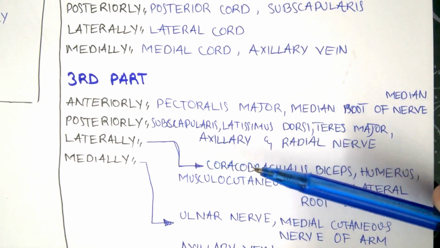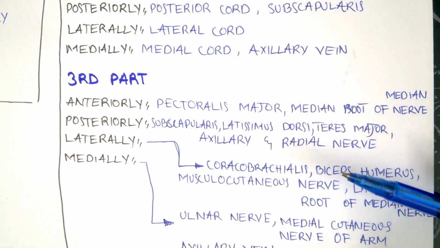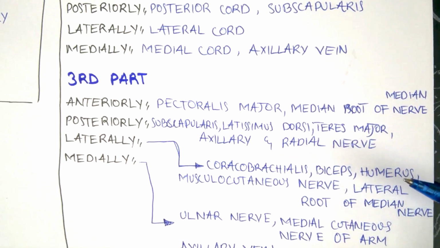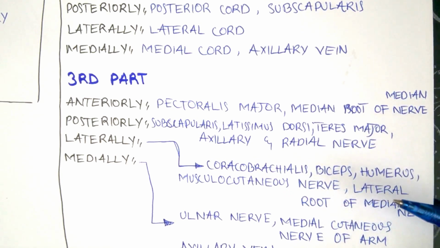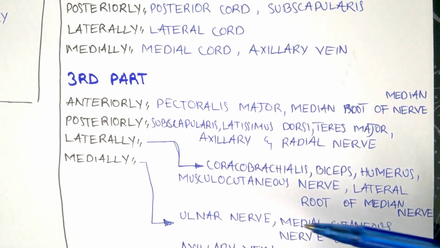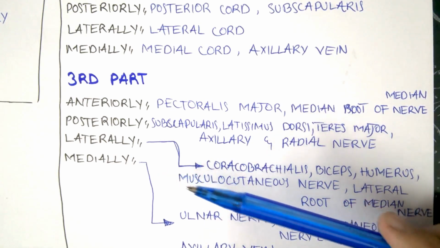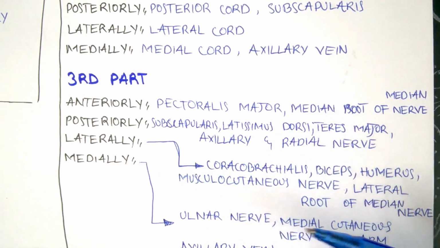Laterally there is the coracobrachialis, biceps, humerus, and the musculocutaneous nerve, and also the lateral root of the median nerve. Now medially there is the ulnar nerve, medial cutaneous nerve of the arm, and of course the axillary vein.